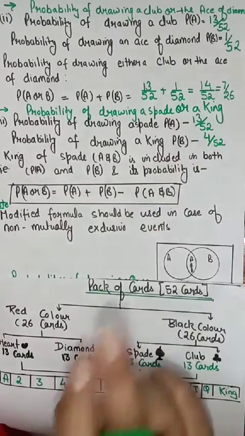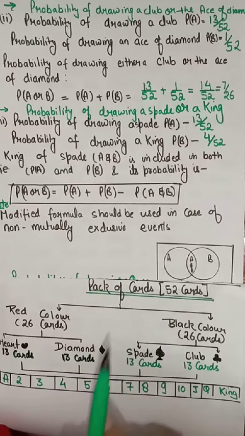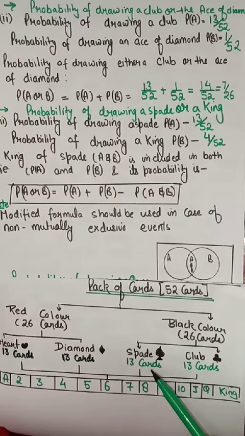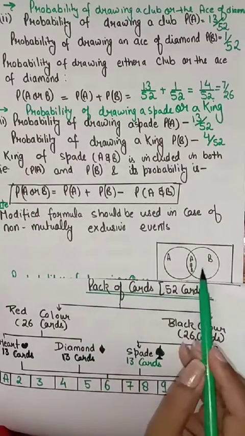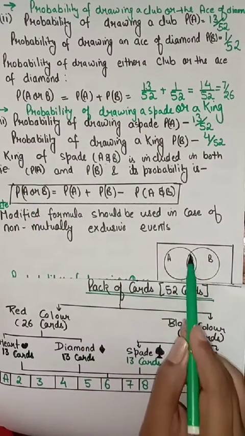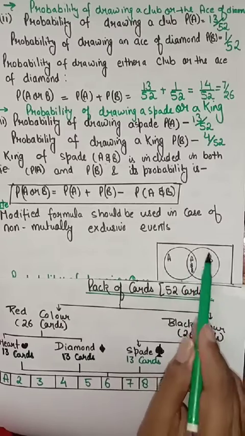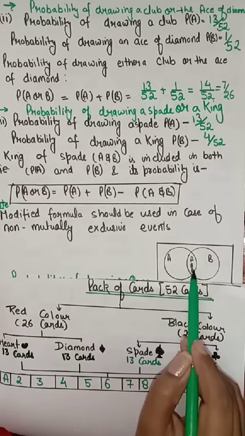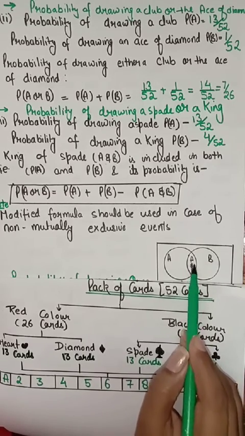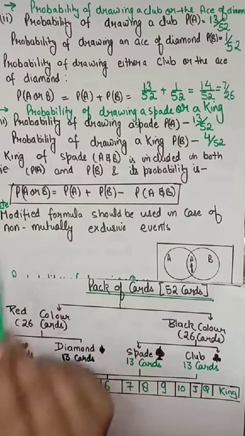This is clear, but there is one problem: we have one king which happens to be a spade. You can clearly see that one such condition is coming in between P(A) and P(B). So this type of question should be dealt with the modified formula.